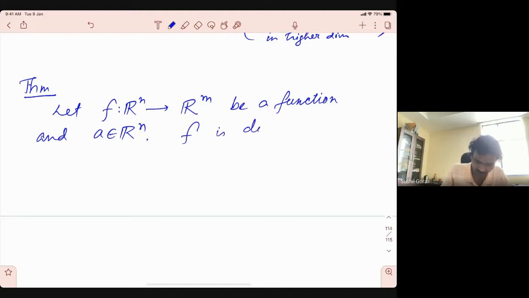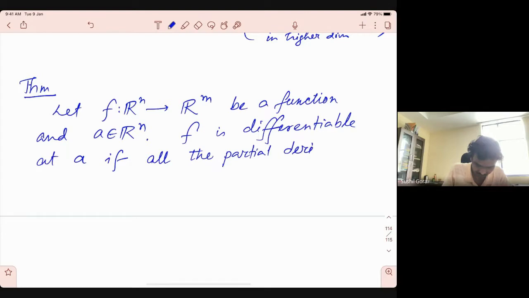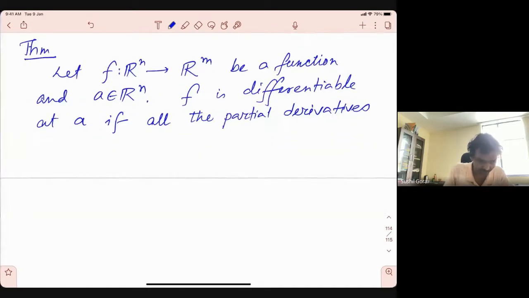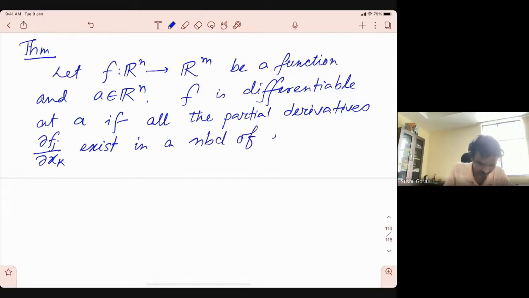F is differentiable at a if all the partial derivatives del fj by del xk exist in a neighborhood of a and are continuous at a.